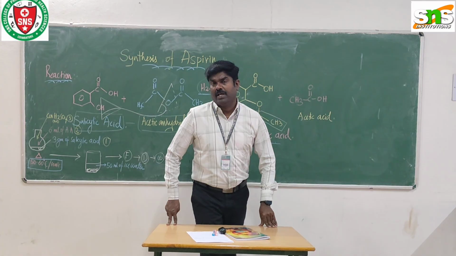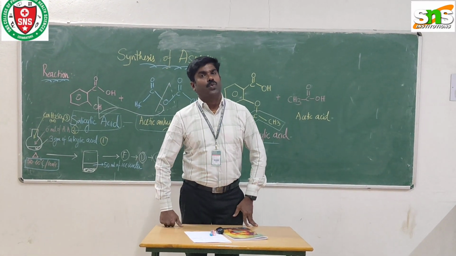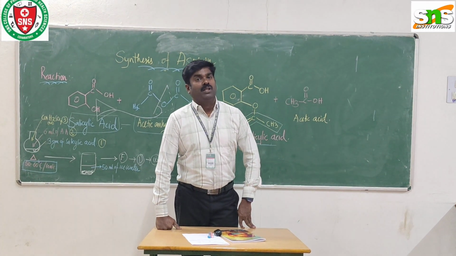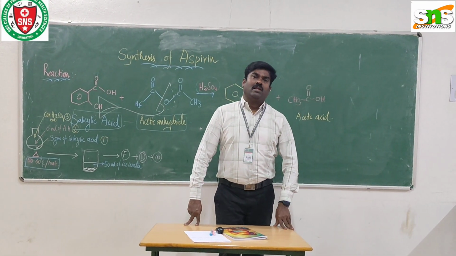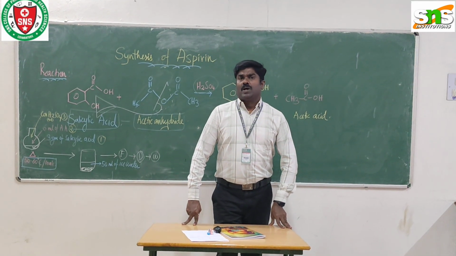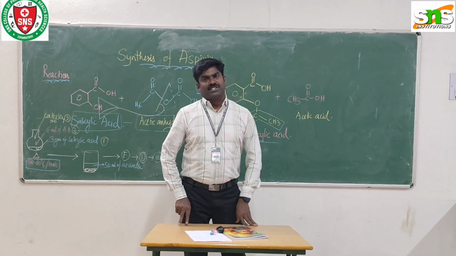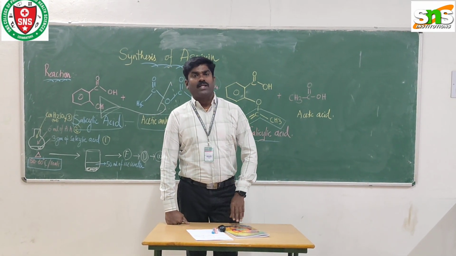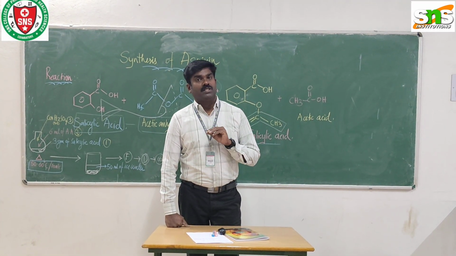With UV spectroscopy, if you want to find the quantity of acetylsalicylic acid, we need to prepare a suitable solvent system, select the suitable lambda max, and perform a comparison, or we can use the A1% 1 centimeter method, and find the quantity of acetylsalicylic acid by UV visible spectroscopy.